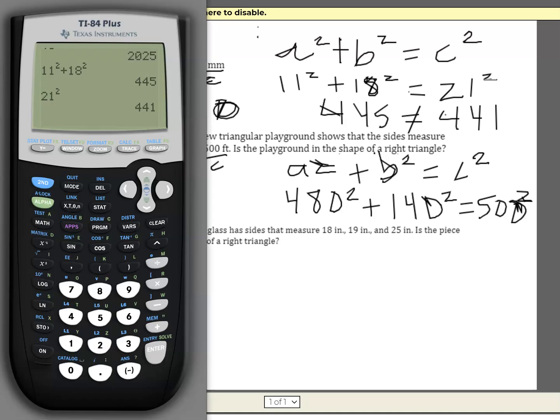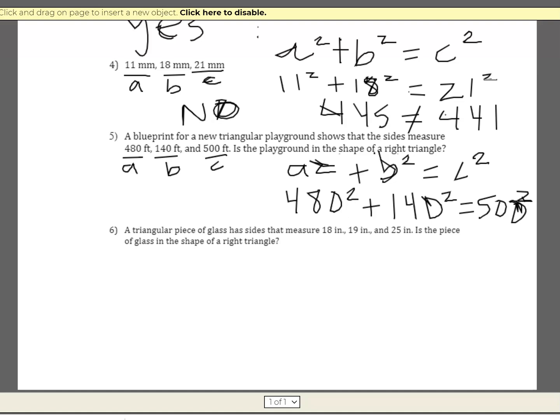All right, so 480 squared plus 140 squared is, ooh, that's a big number, 250,000. So these two right here is 250. If I can write the zeros.